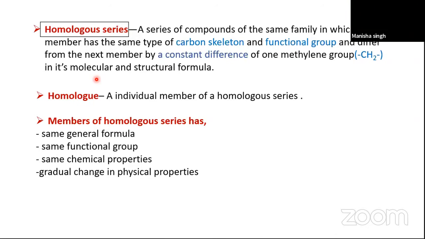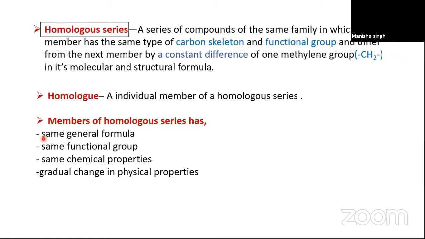Now, what is the meaning of homolog? An individual member of a homologous series is known as a homolog. So we can understand a homologous series like this. Suppose one family is there, so their surname will be the same, but the members of the family have different names.